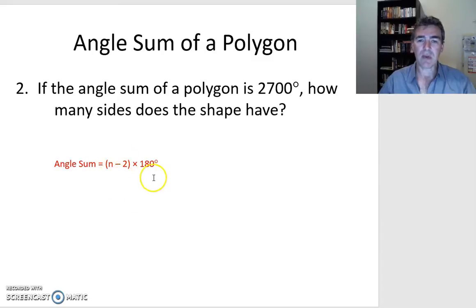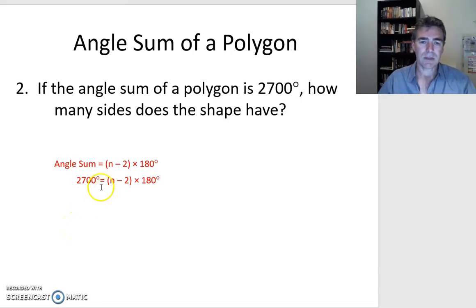Then I multiply that by the angle sum of a triangle, because that tells us the number of triangles, and that's the angle sum of each triangle. So, substitute in what I know. This time, I know that the angle sum up here is 2,700 degrees, so I replace the angle sum with 2,700.